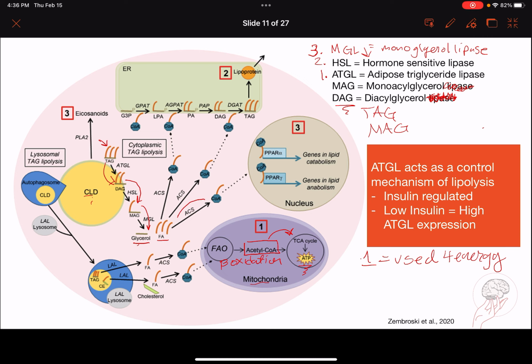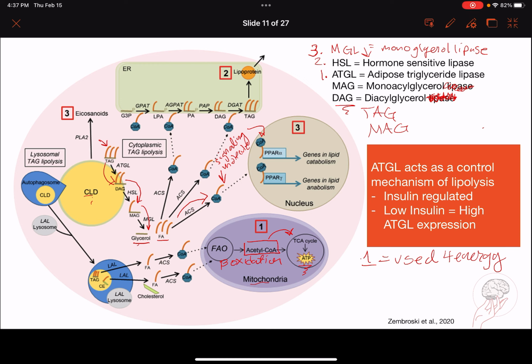Again, we put on a CoA group, and this is also a signaling molecule. So this can go into the nucleus, and it can activate PPAR alpha, which is one of those genes that's related to lipid metabolism.